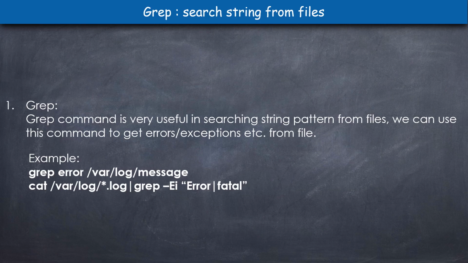I can use cat /var/log/*.log and grep error or fatal. This will return all the lines that contain either error or fatal. Likewise you can use grep error /var/log/messages, or be it any file. You can use this command to search any string from one file or many files. This is very useful in troubleshooting. So let's move forward to the next command.